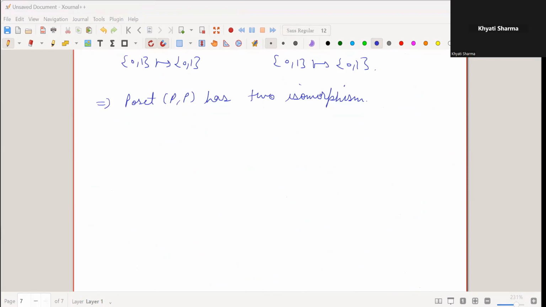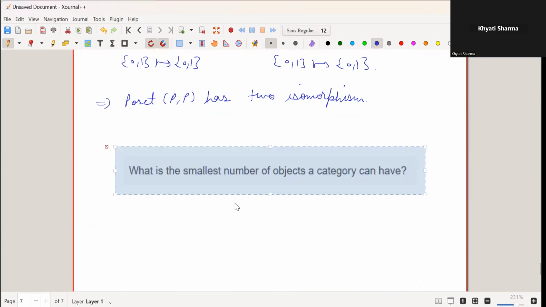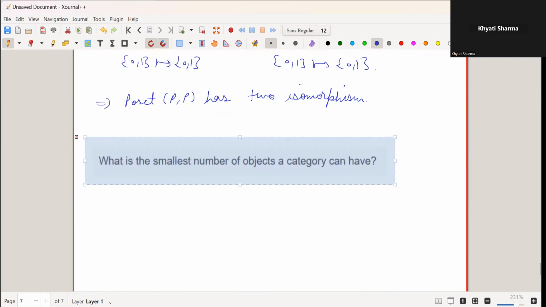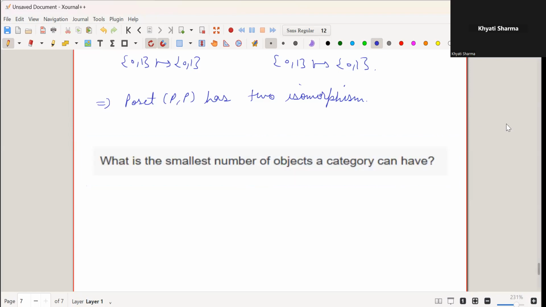This is the smallest question that we can have, asking the smallest number of objects that a category can have. So this is question number 5, and the solution.